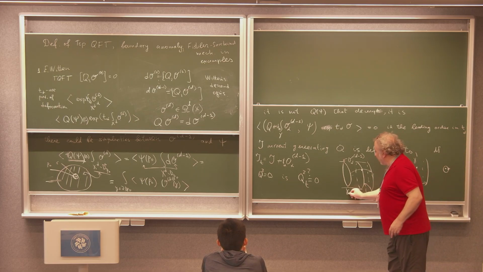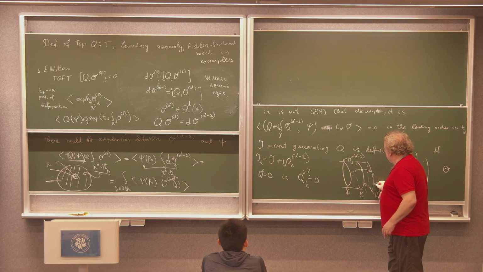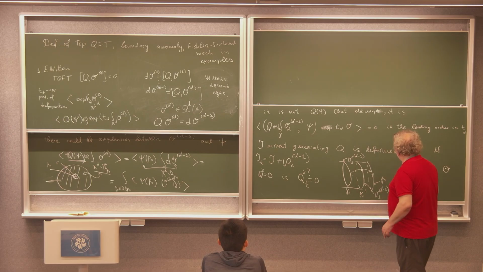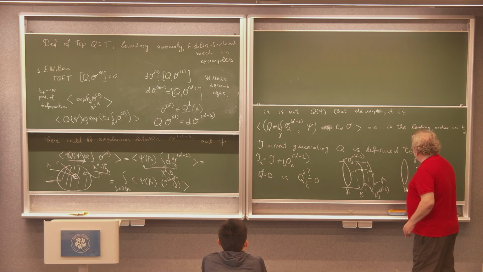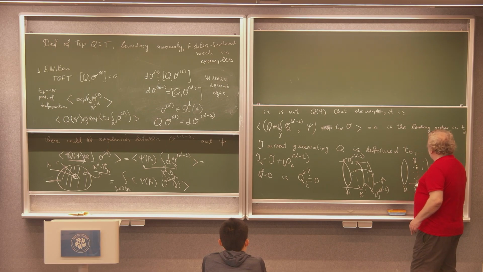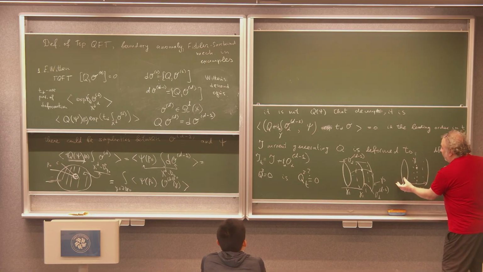So this contour is gamma 1, this is gamma 2, this will be gamma 3. And I fix a point P2 on gamma 2. And I'm moving gamma 1 to gamma 3.